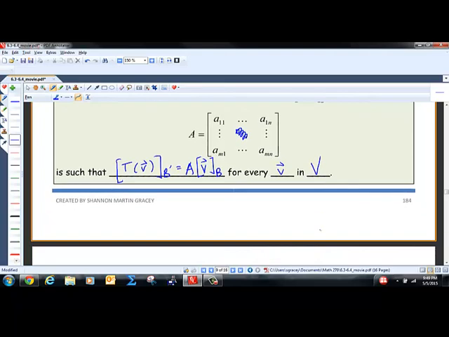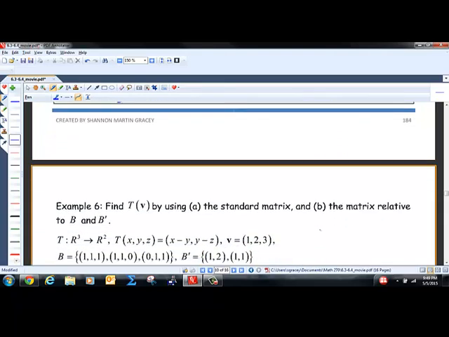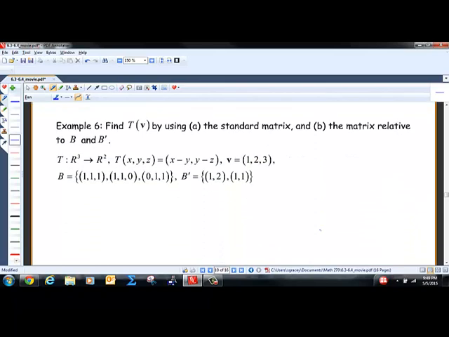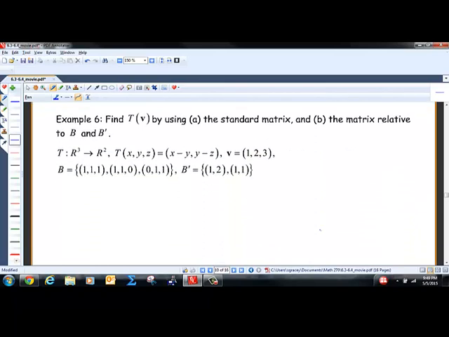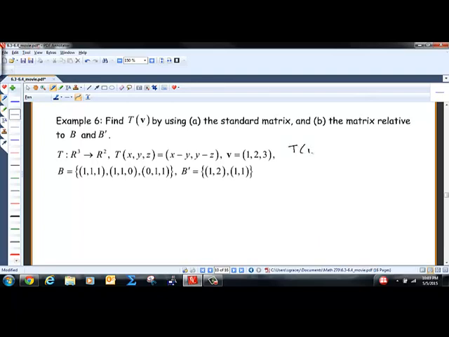So let's figure this out. So we want to find T at V by using first off the standard matrix and second off the matrix relative to B and B prime. Basically T at 1, 0, 0, because you're going from R3 to R2, is going to equal 1 minus 0 is 1, 0 minus 0 is 0. T at 0, 1, 0 is?